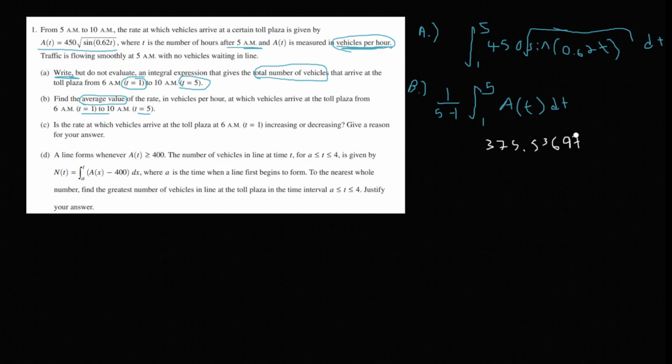And what is this? This is for part B. Find the average value. So this would be an amount of cars per hour. Right. Find the average value of vehicles per hour.